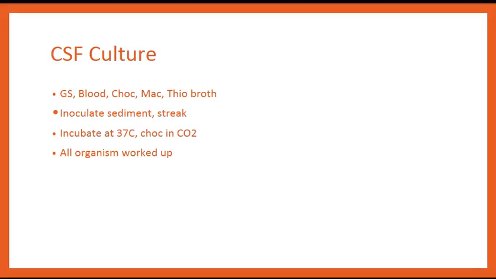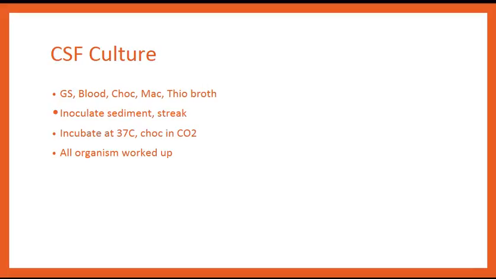So we inoculate the sediment. Like you do in your analysis, when you take the supernatant off, you have to separate it and then use the sediment to put on the slide and to put on the plates and streak it. You incubate the plates at 37, and the chocolate has to be in the CO2 because the chocolate is for the fastidious organisms, and most of those need CO2 to grow.